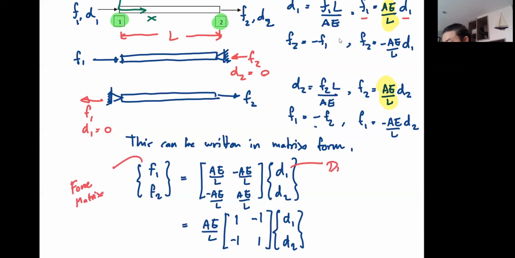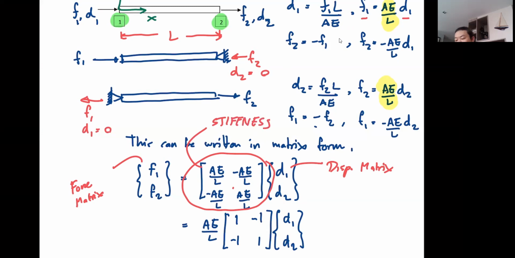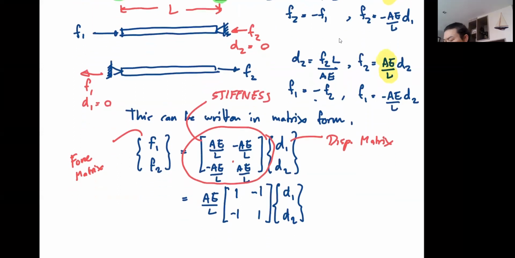That is the displacement matrix. So what is this one? Stiffness. Yes, it's a stiffness matrix. The most important thing. Stiffness matrix. Okay. So, we have the form to write the matrix.